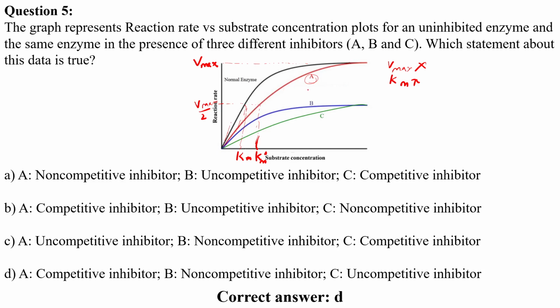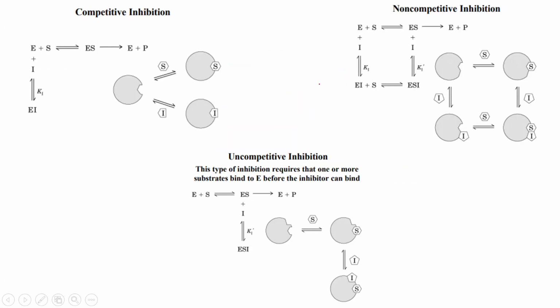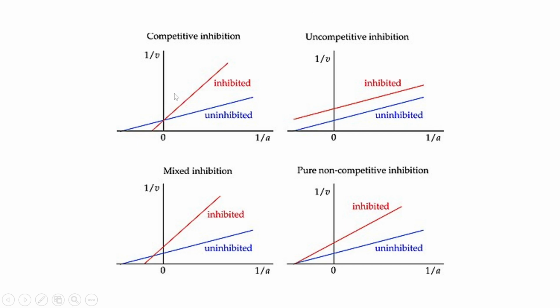Okay. So when you plot a Lineweaver-Burk plot for this competitive inhibition, you will find the graph to be like this, where the y-intercept is showing what? 1 upon Vmax. Okay, so if Vmax is not changing, its reciprocal will also not change, and the x-intercept is showing minus 1 upon Km. So that is increasing.